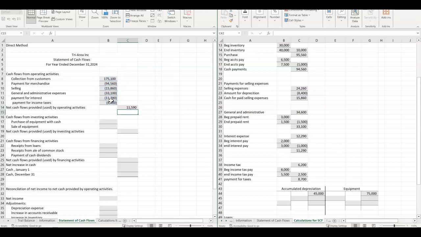It's harder to find. So the cash flow, net cash provided by operating activities was 11,590, yes. And now I have used here because that'd be, if this was negative, it would be used. But this is the operating activities is what we're doing here.